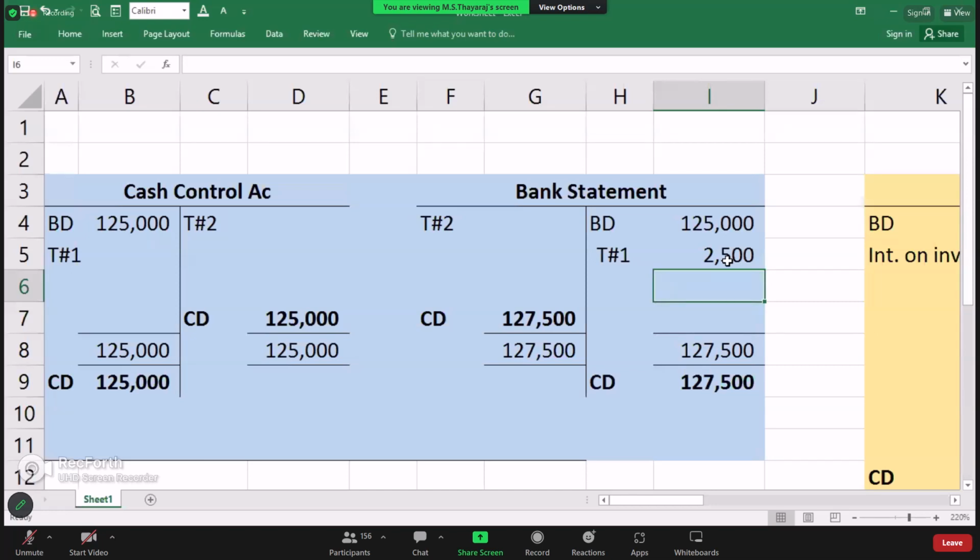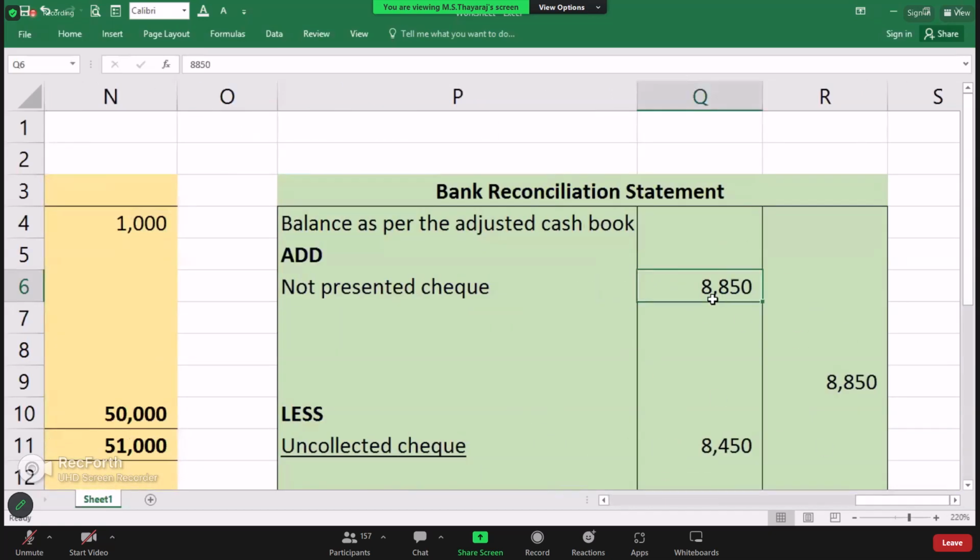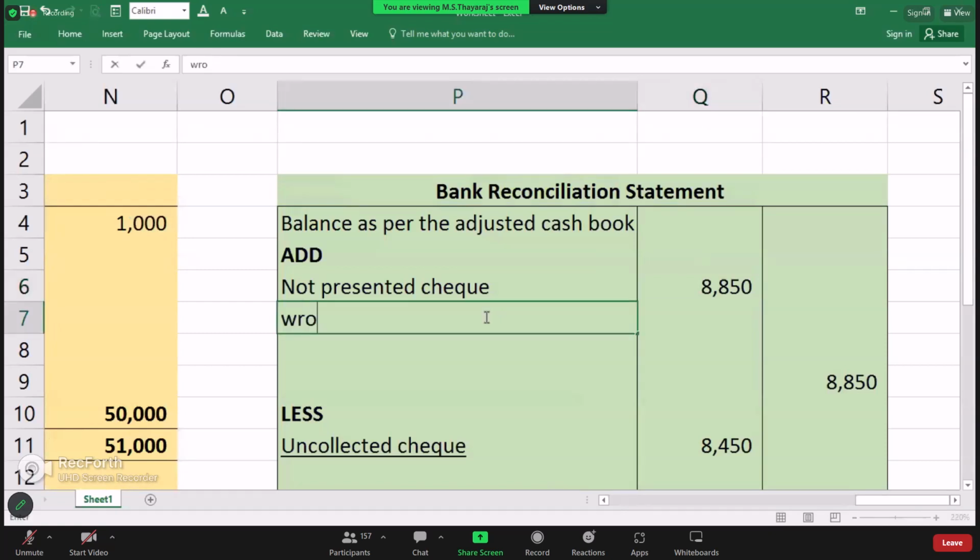When they credit, it is favorable to us; when they debit, it is unfavorable to us. So when they credit 2,500 to our bank account, our bank balance will be increased. Therefore, we have to add the wrong credit by the bank 2,500.